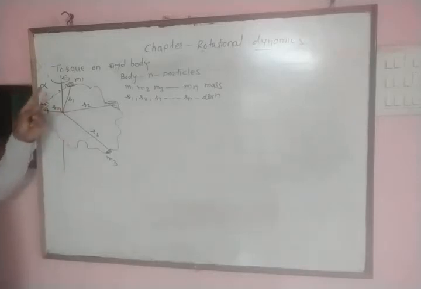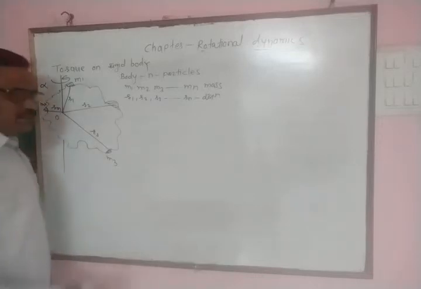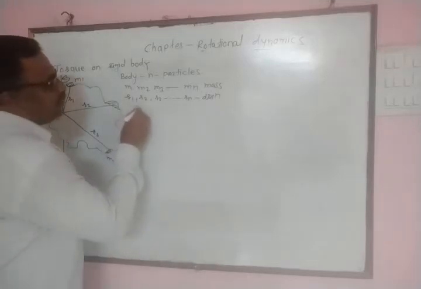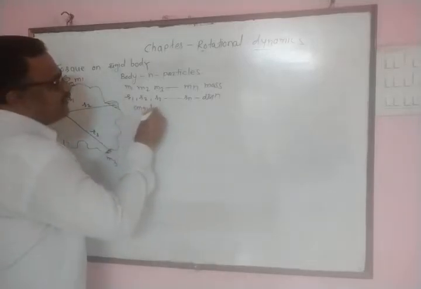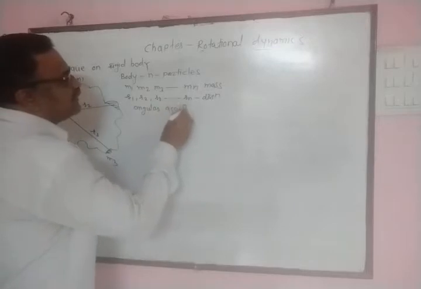This body is performing rotational motion about an axis passing through any point O with constant angular acceleration alpha. In rotational motion, angular acceleration of each particle is the same.